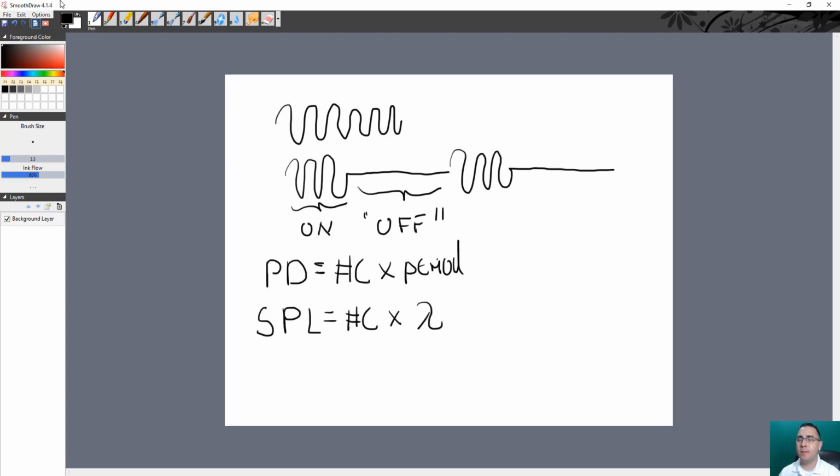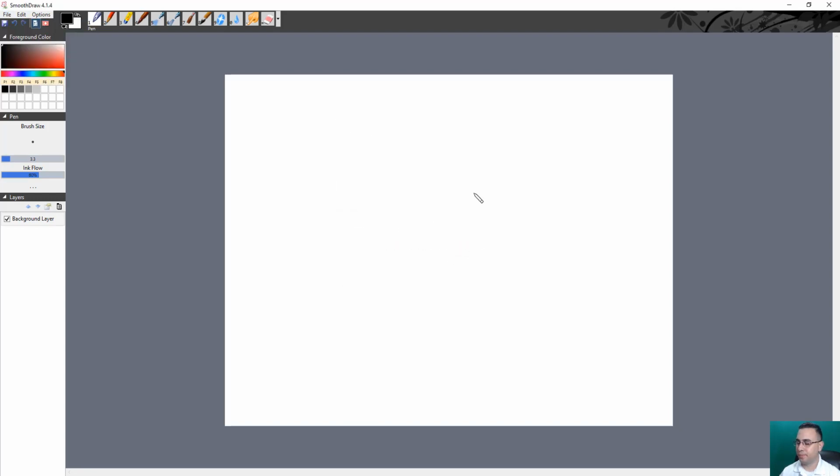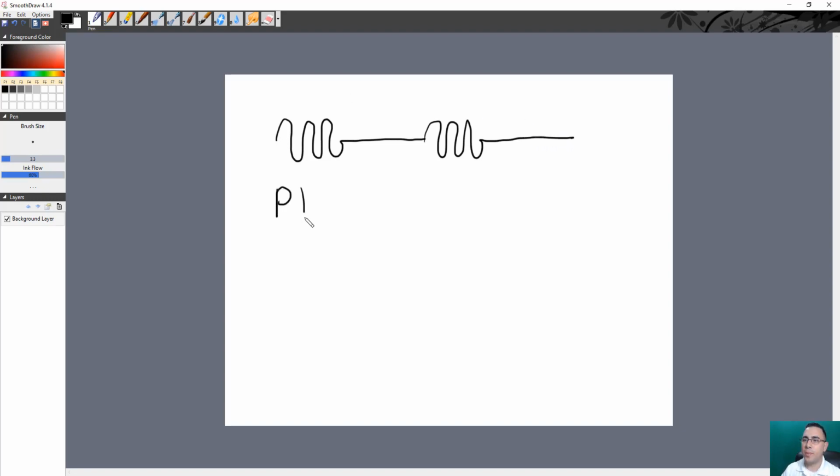And let's move to the parameters that are going to include the off time. All right, so we're going to have the pulse repetition period, pulse repetition frequency, and then the duty factor.